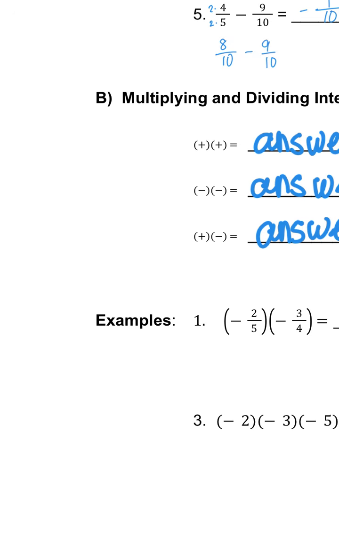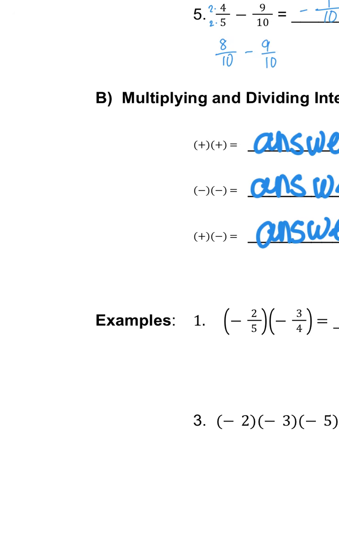So here are some more examples right here. It's numbers 1 through 4. So number 1, we have negative 2 over 5 times negative 3 over 4. So we have a negative times a negative. Is this answer going to be positive or negative? Positive. I'm just going to put a plus to remind us.